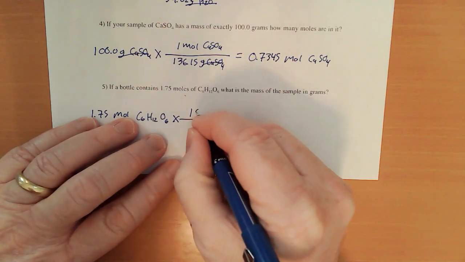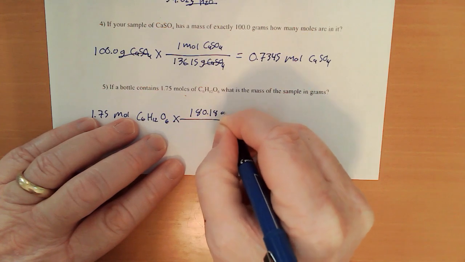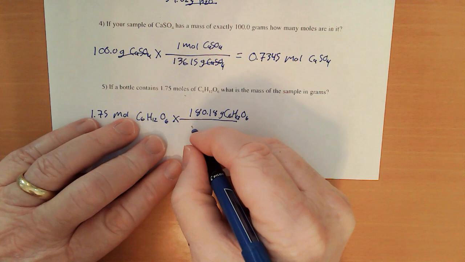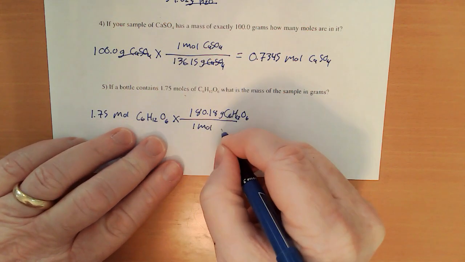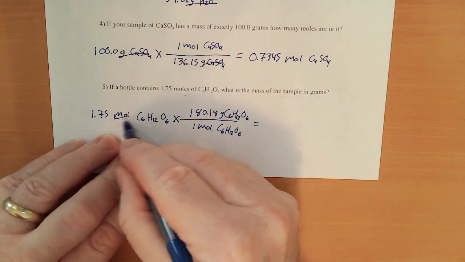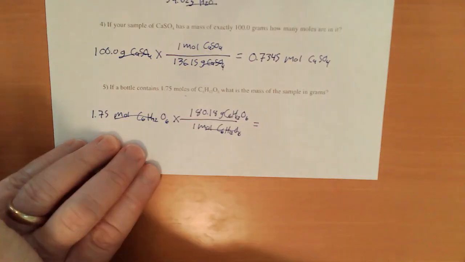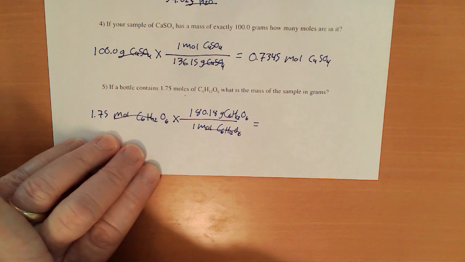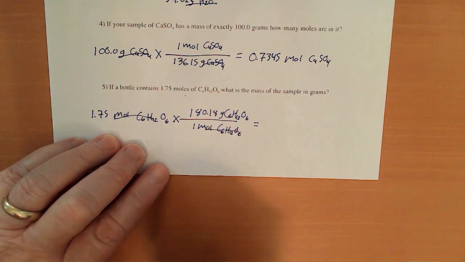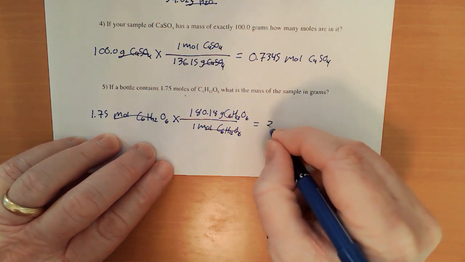So 180.18 grams C6H12O6 for 1 mole C6H12O6 equals, that's canceling out. Multiply that number by 1.75, and I'm going to get, with 3 sig figs, 315.